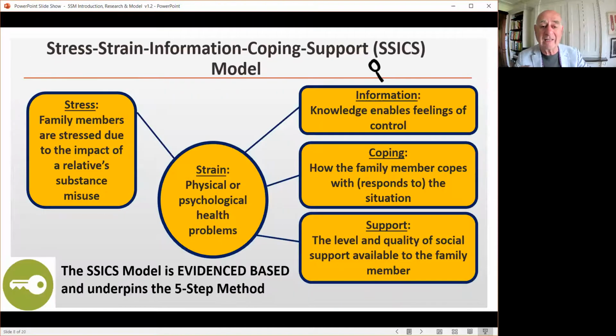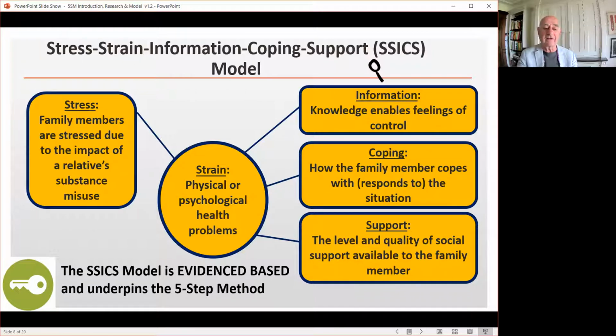This simple model is the stress, strain, information, coping, support model. It's had different names before. We started off calling it a stress coping model, and then a stress coping health model. Then for a long time, it became stress strain coping support, but we've realized how important information is, so we've added that in now. So now it's the stress strain information coping support model, SSCIS for short.